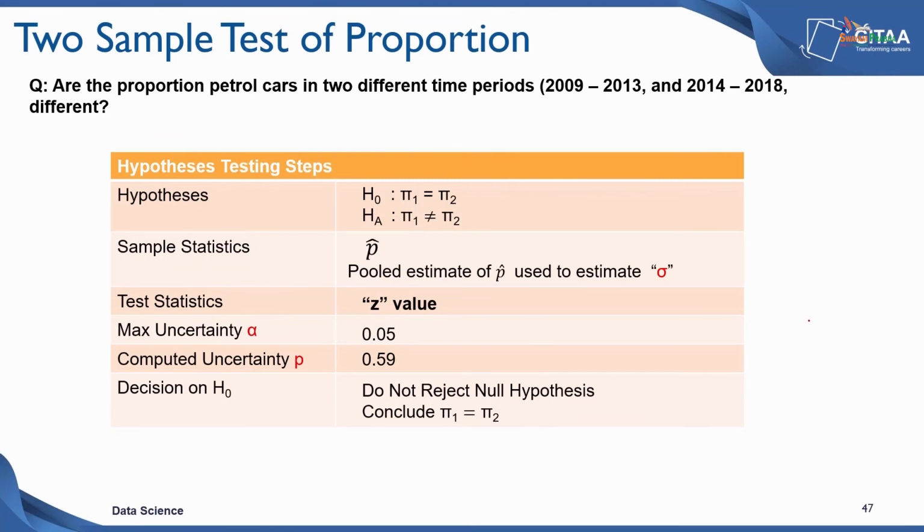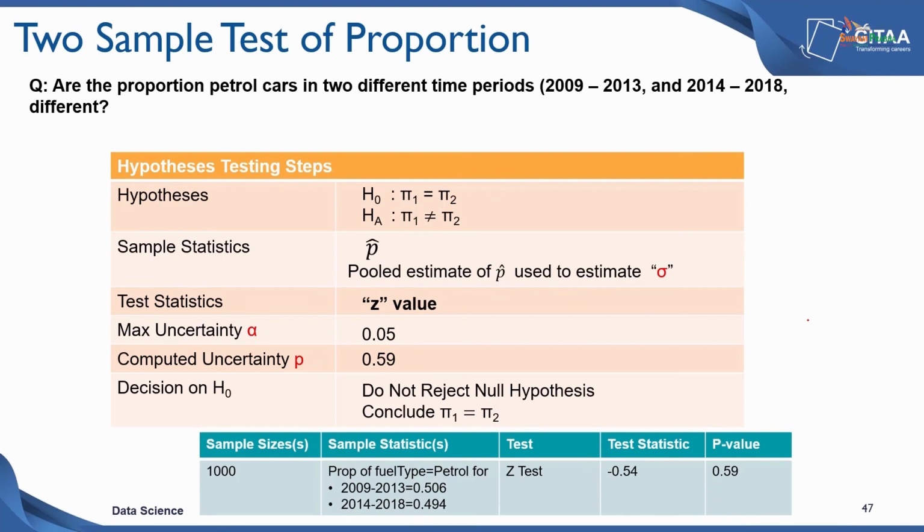Again, looking at it as a summary, we used a sample size of about 1000 each, and we found the proportion of petrol vehicles is 0.506 in the older cars and 0.494 in the newer cars. Small difference.